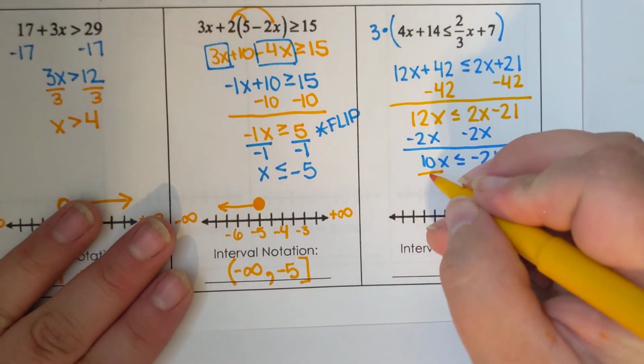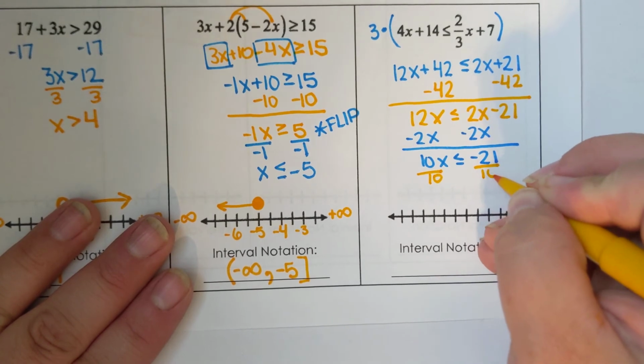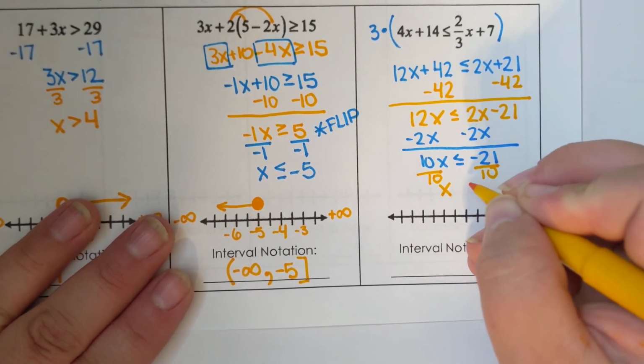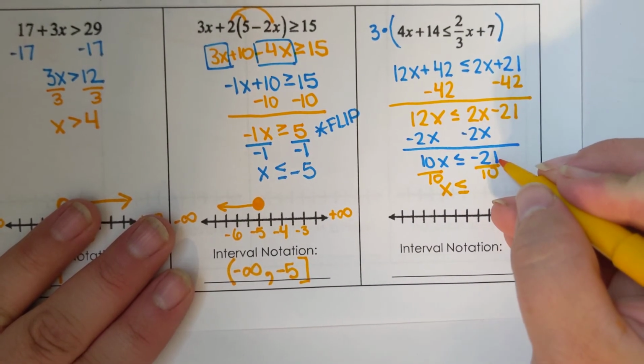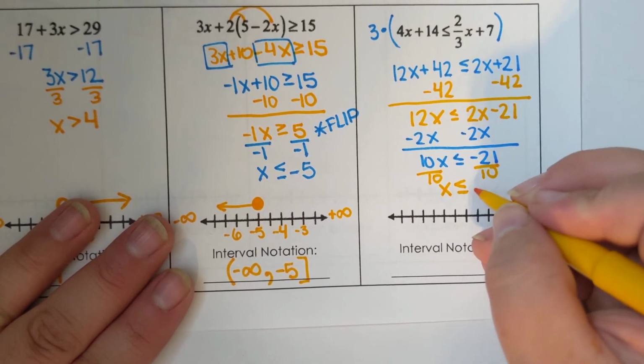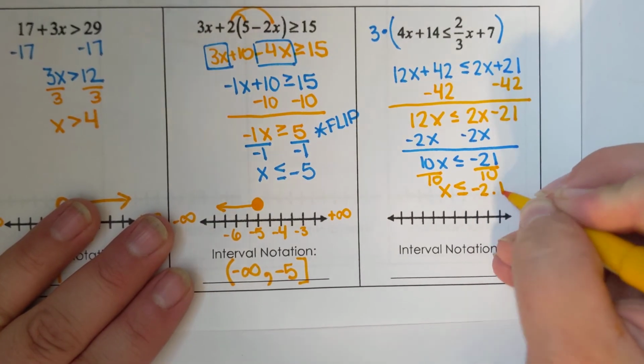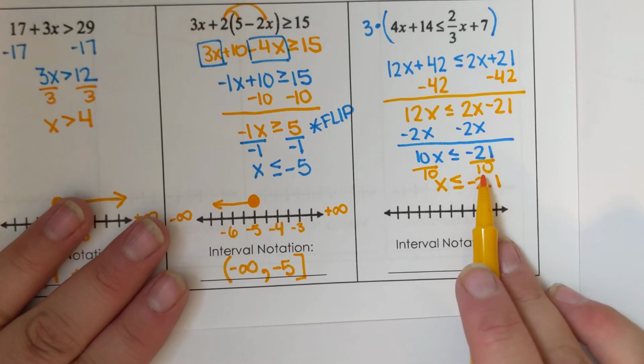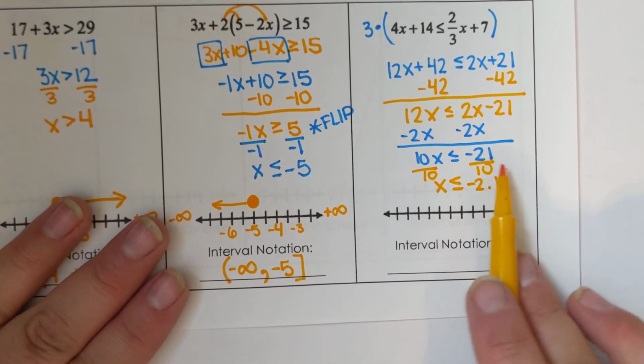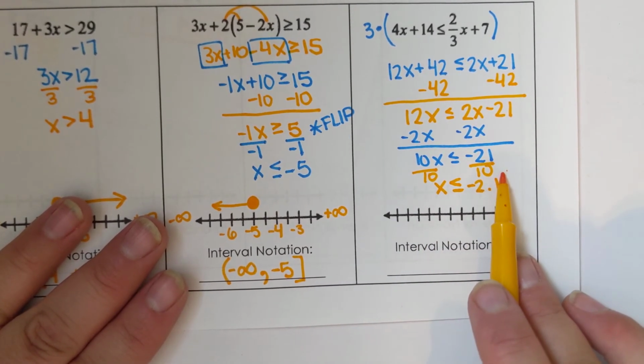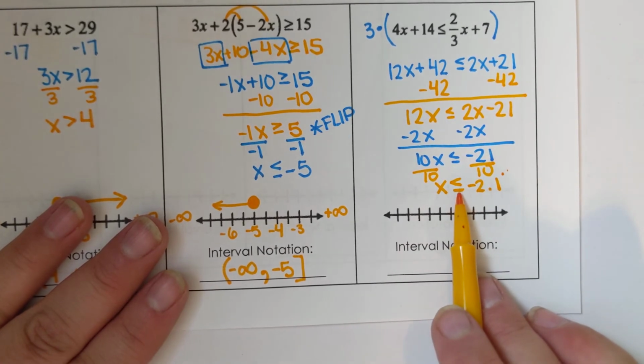Divide by 10. Neat trick when you divide by 10. Just move the decimal point back 1. So instead of 21, it's going to be 2.1. Now, there's a negative here, but the number I was dividing by was 10. That's not negative, so this does not need to be flipped.